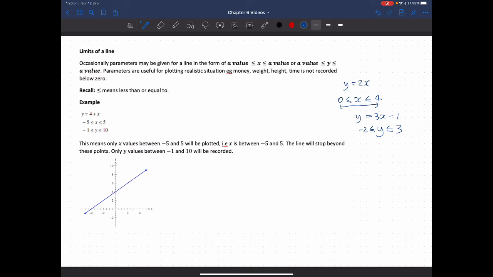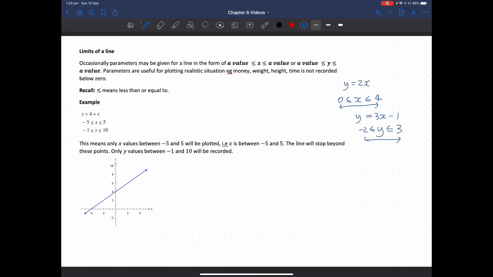That means any y value we have can only be between minus 2 and 3. It cannot be smaller than minus 2. It cannot be bigger than 3.